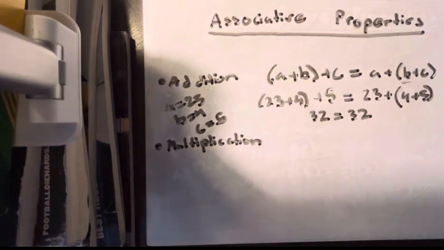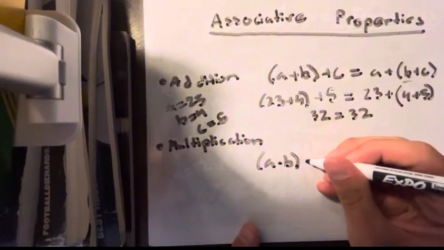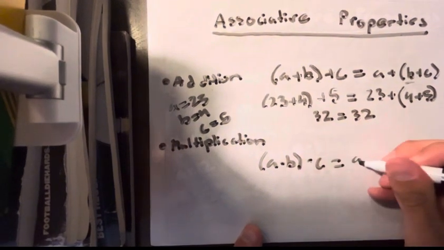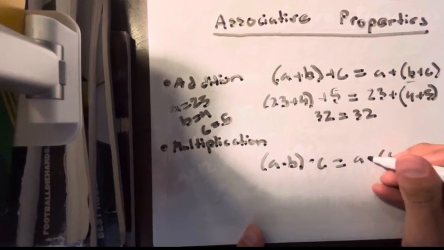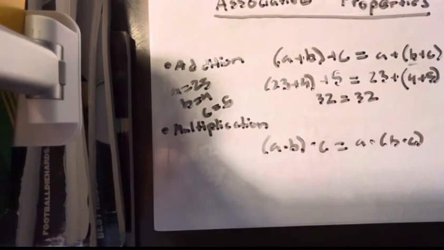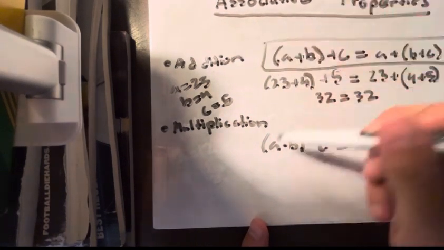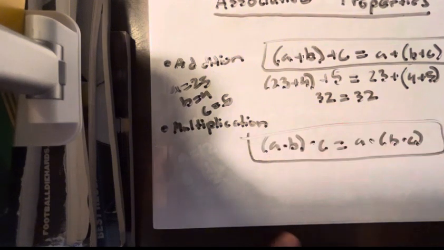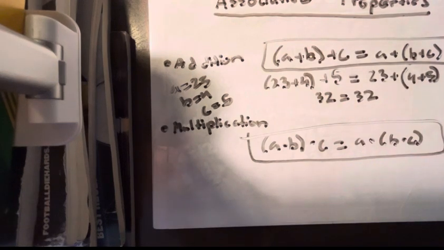Now we have the multiplication property. Once again, very similar. Parentheses A times B, times C, equals A times parentheses B times C. So once again, honestly, not very difficult as long as you just remember both of these and are able to identify both of these properties in actual problems with numbers.